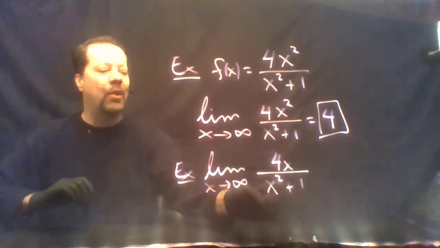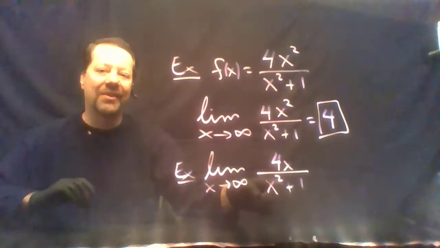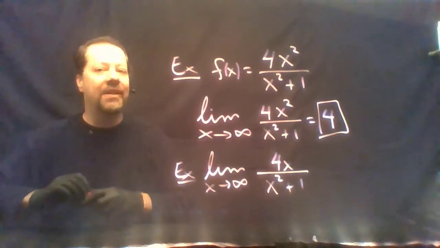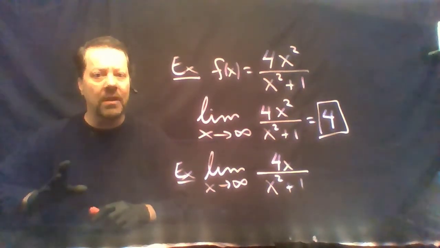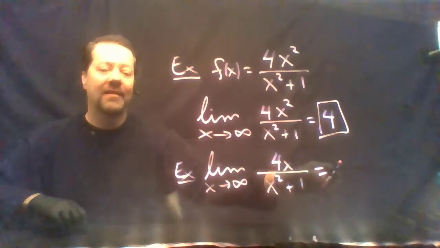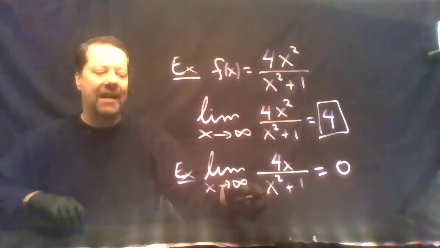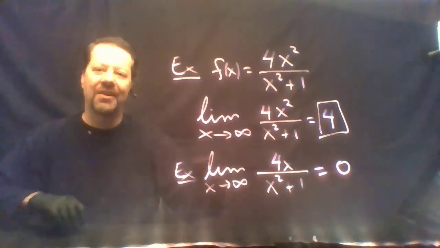The bottom is blowing up faster than the top because the bottom has higher degree. The higher degree polynomial wins the race to infinity. The limit is 0. The bottom blows up faster in the race to infinity, so that drives the whole thing down to 0.